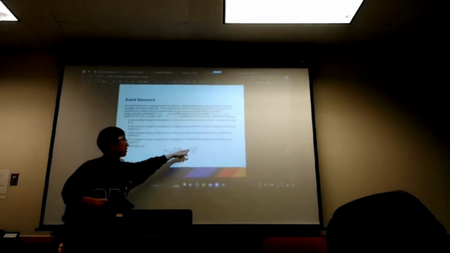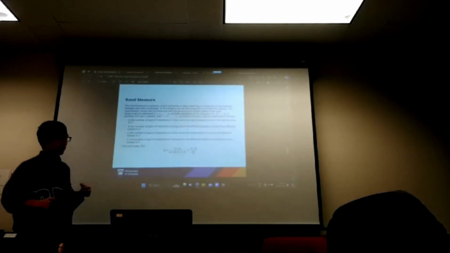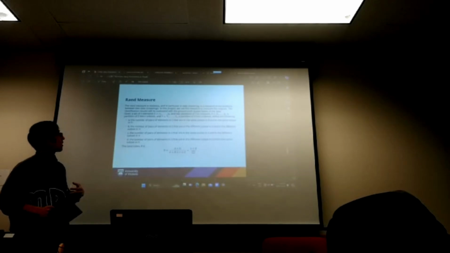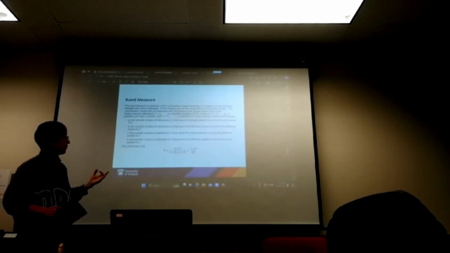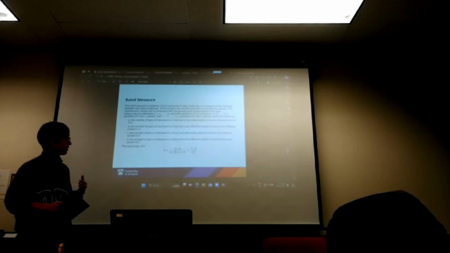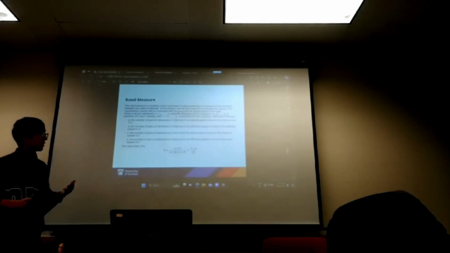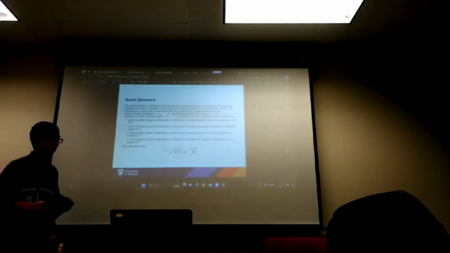A means these two data points are in the same cluster. B means these two data points are not in the same cluster. And we will end up with A and B and derive the number of all pairs of data points in our data set.